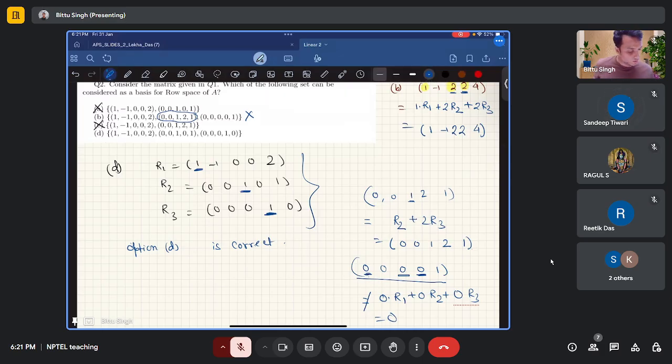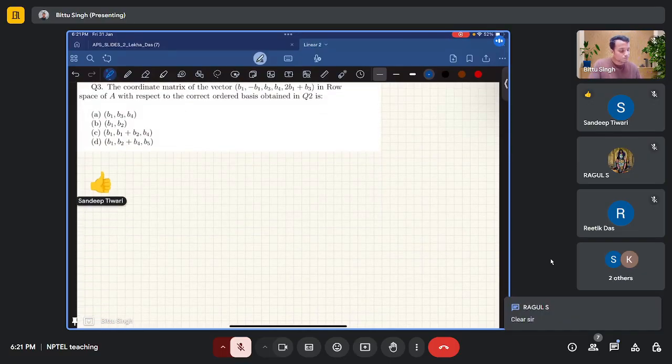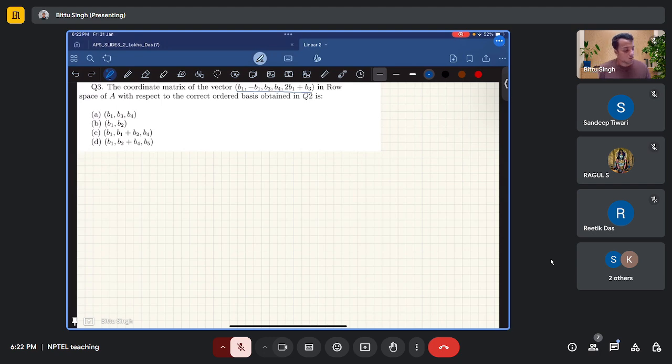Yes, sir. Next, problem number 3. You need to find the coordinate matrix of this vector. So you need to find the coordinate. What is the meaning of coordinate?